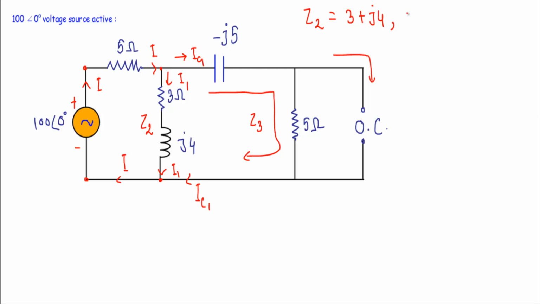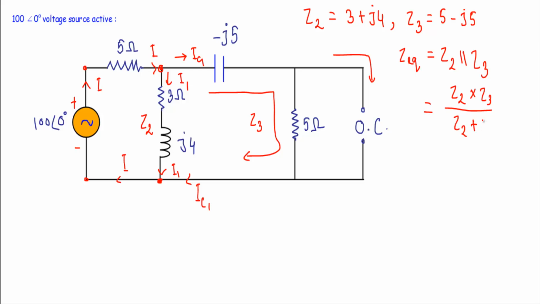Here Z3 will be equal to 5 minus J5 ohm. Now see, with respect to those two terminals, Z2 and Z3 will be in parallel. Let's say their equivalent impedance is Z equivalent, Z2 parallel Z3. When we have two impedances connected in parallel, we calculate their equivalent impedance using this formula: Z2 into Z3 divided by Z2 plus Z3.